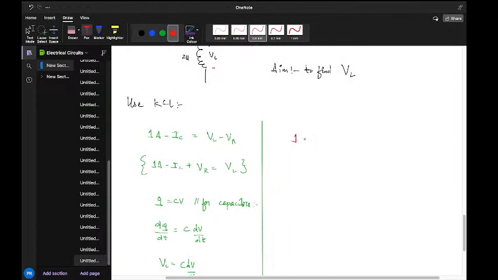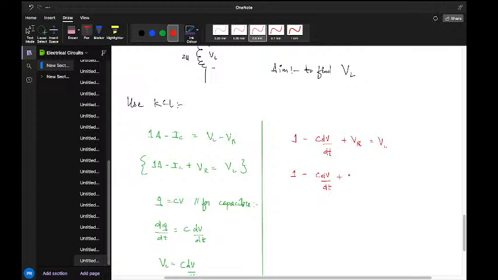So we have a small conclusion out here. So I minus C times dV by dt plus I of R, the current through the resistor, is just going to be equal to I of L. Okay, so the voltage across the resistor is nothing but I times R. So let me just try writing that down.